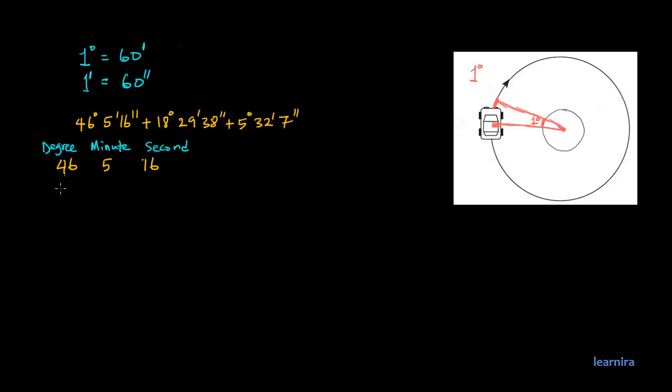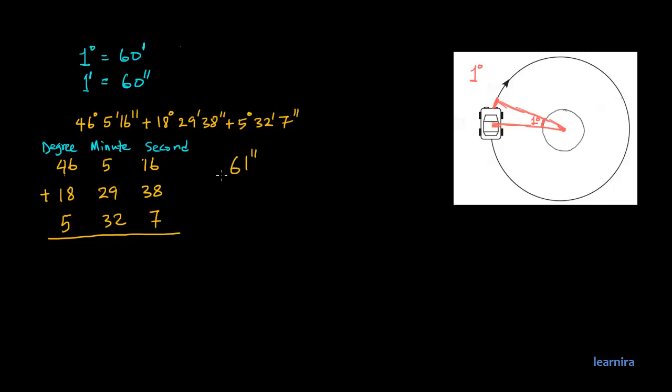We'll have 18 degrees, 29 minutes, and 38 seconds, while the last one is 5 degrees, 32 minutes, and 7 seconds. So we can add this together, and this will be 16 plus 38 plus 7. Now all these are in seconds, because this sign represents 16 seconds, 38 seconds, and 7 seconds. So 16 plus 38 plus 7 will add up to give us 61 seconds.